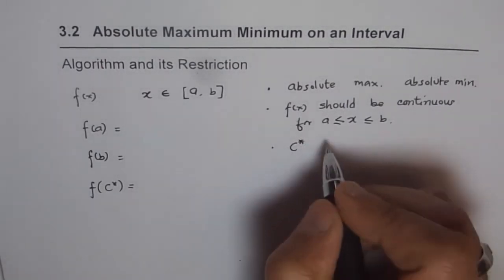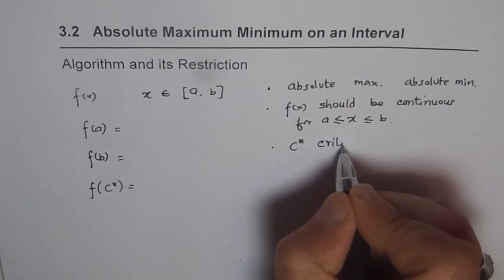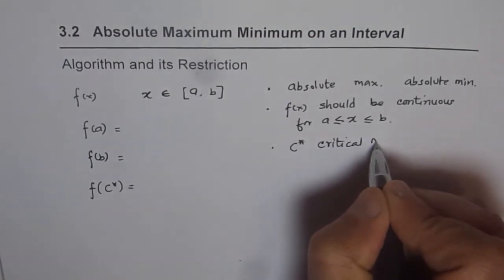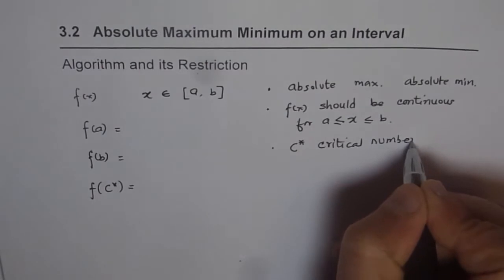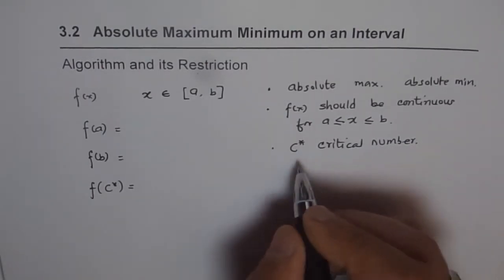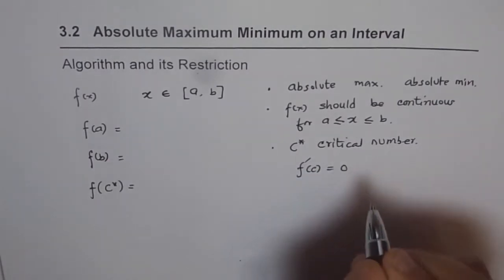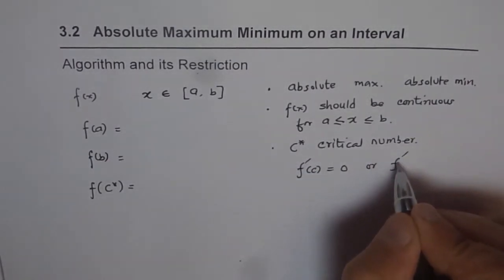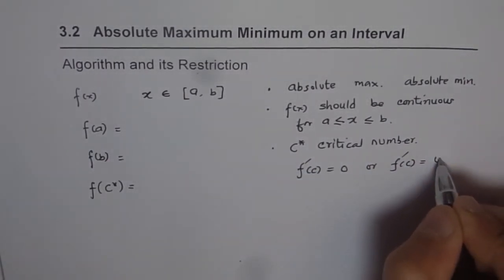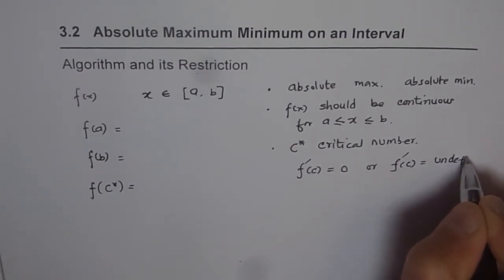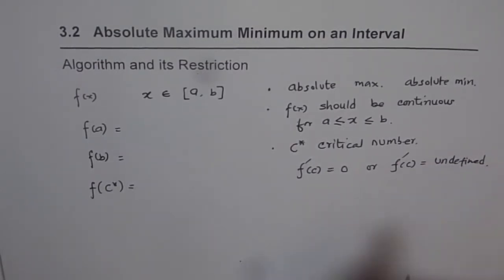C star is my critical number. Critical number is a value where f dash c is equal to 0 or f dash c is undefined. So that could be another position at which the function may have absolute maximum or minimum value, right?